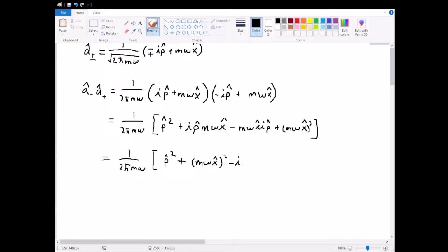So negative i m omega, and then we have x hat p hat, which is this term right here, subtracted by p hat x hat, which comes from this term right here.